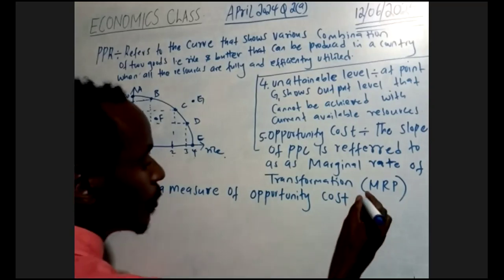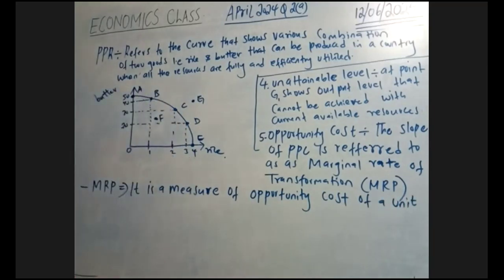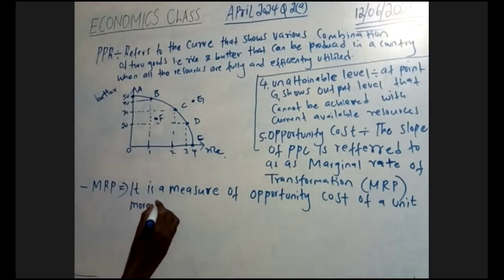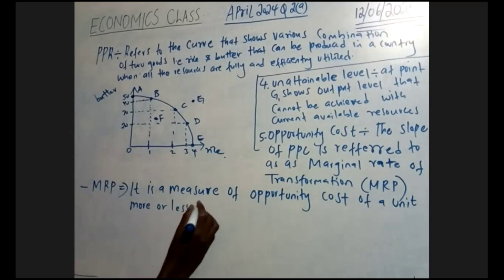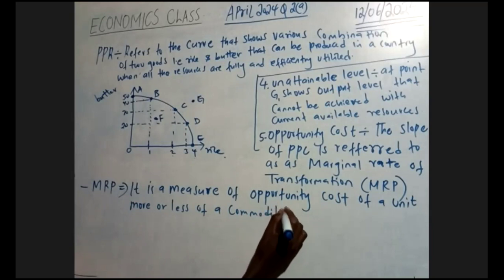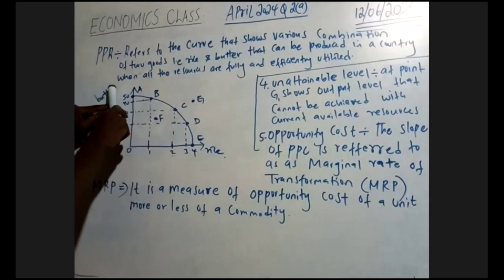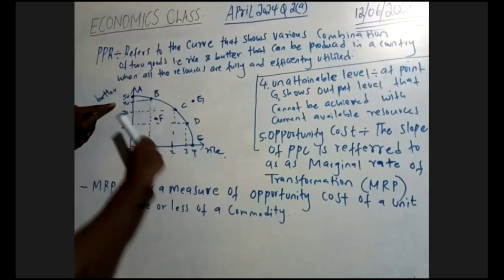of a unit more or less of a commodity. So that is the definition of MRT. If we add butter, we shall get the opportunity cost of additional butter.